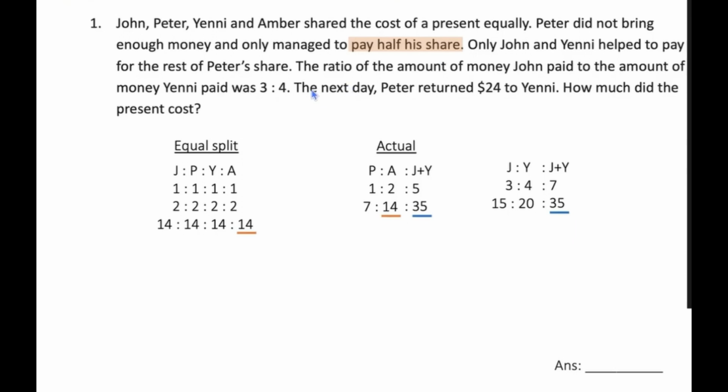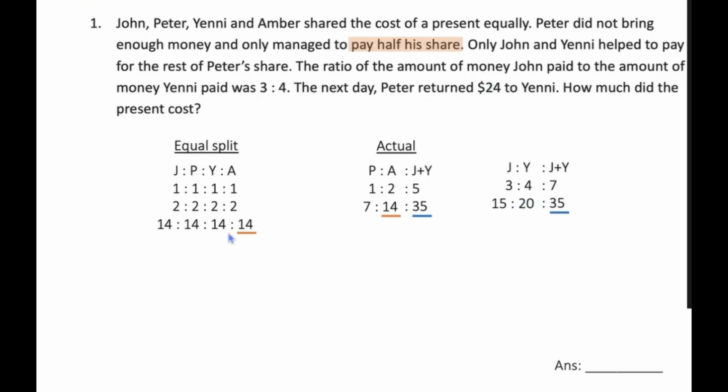So, you see here, the next day, Peter returned $24 to Yenny, meaning Yenny paid $24 for Peter, right? Now, this $24 is represented by the extra money that Yenny paid. So Yenny originally was supposed to pay 14 units. But now, in the end, Yenny paid 20 units.